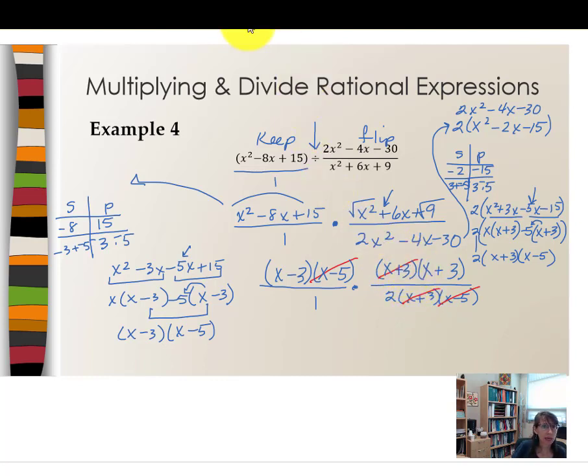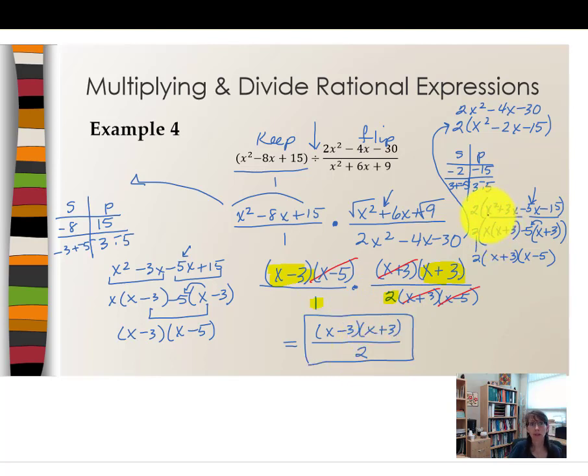So whatever remains, quantity x minus 3, quantity x plus 3, 1 times 2 in the denominator. So it looks like our final rational expression is the quantity x minus 3 times quantity x plus 3, all divided by 1 times 2, which is 2.